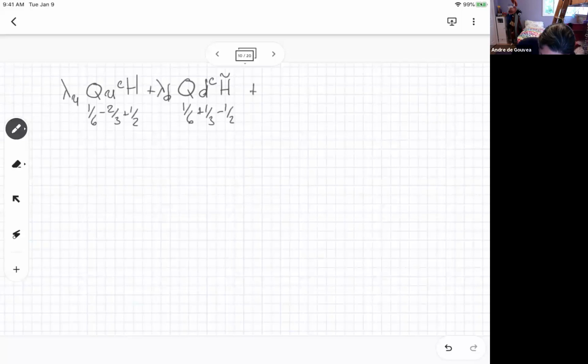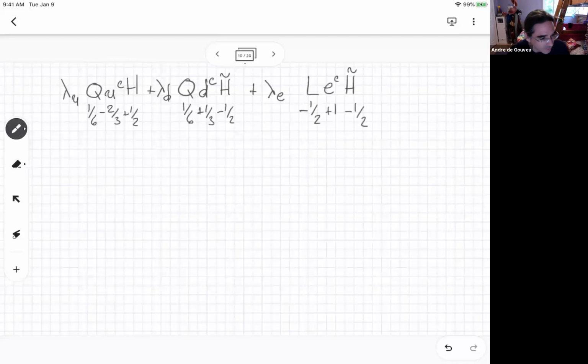And then there's another term that I can write down, which is one for the charged leptons, this L E^c Higgs twiddle. Again, this says hypercharge minus a half. This is plus 1. This is minus a half. So the hypercharges add up to 0.